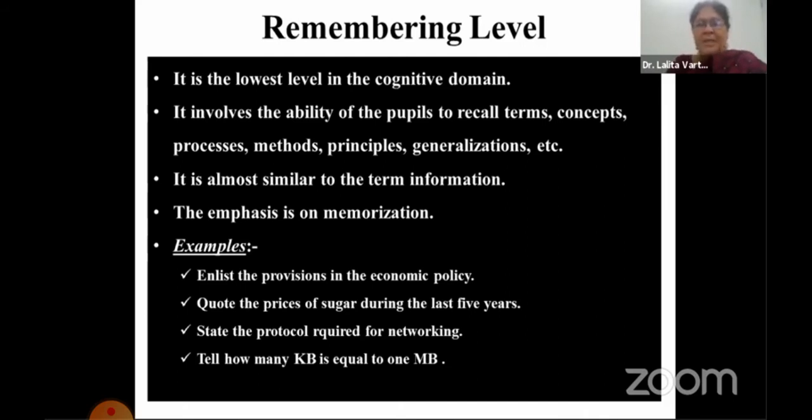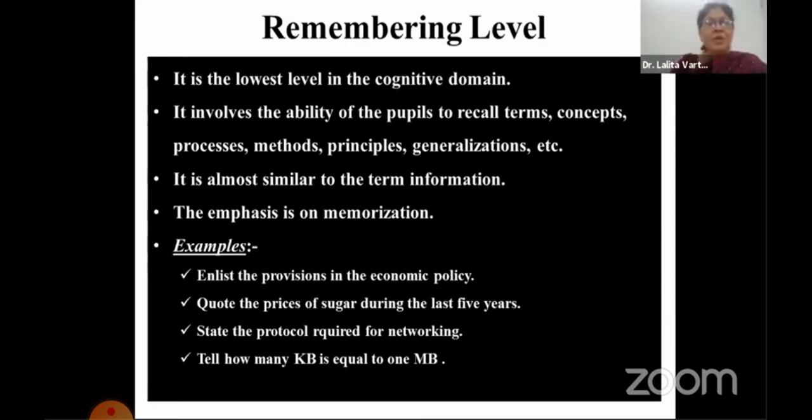In other words, this level focuses on the information which the student has gathered, and it emphasizes the memory aspect. So, remembering is more about rote learning and memorization.